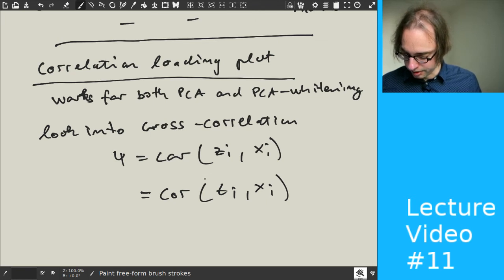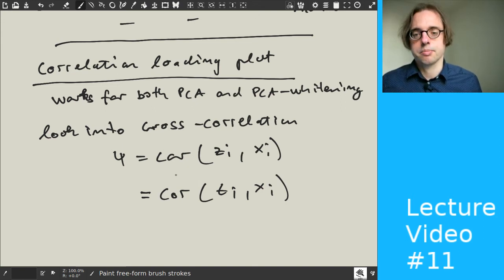And the interesting thing is now this psi.